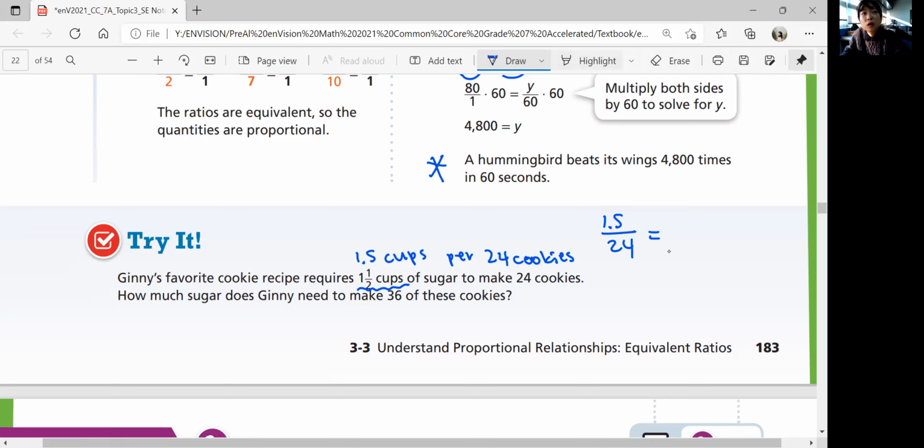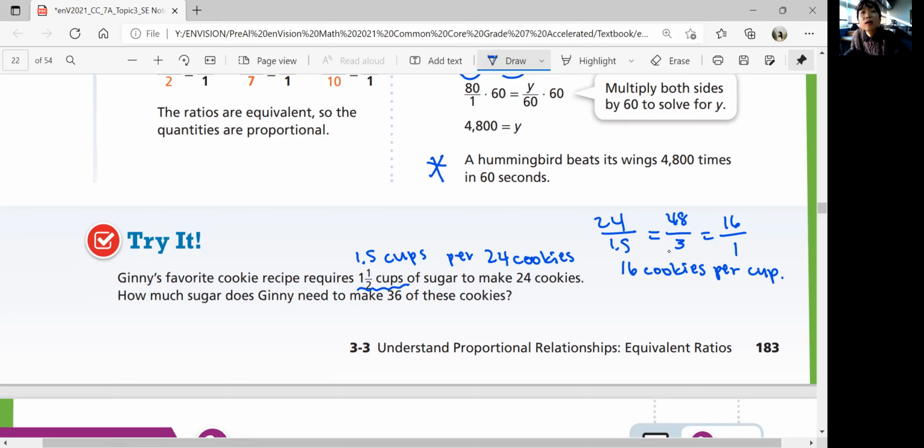Or we can change to cookies per cup and say 24 cookies per 1.5. So you can say, oh, multiply this by 2 and you get 48 over 3, divided by 3 and you get what? 16 over 1. Yeah, so you can say that the ratio of cookies to cups of sugar would be 16 cookies per 1 cup, right?